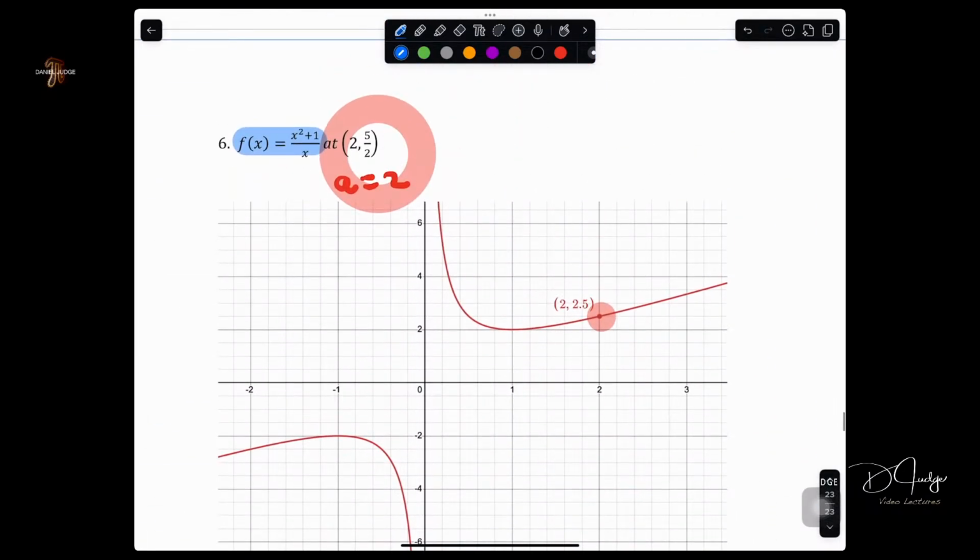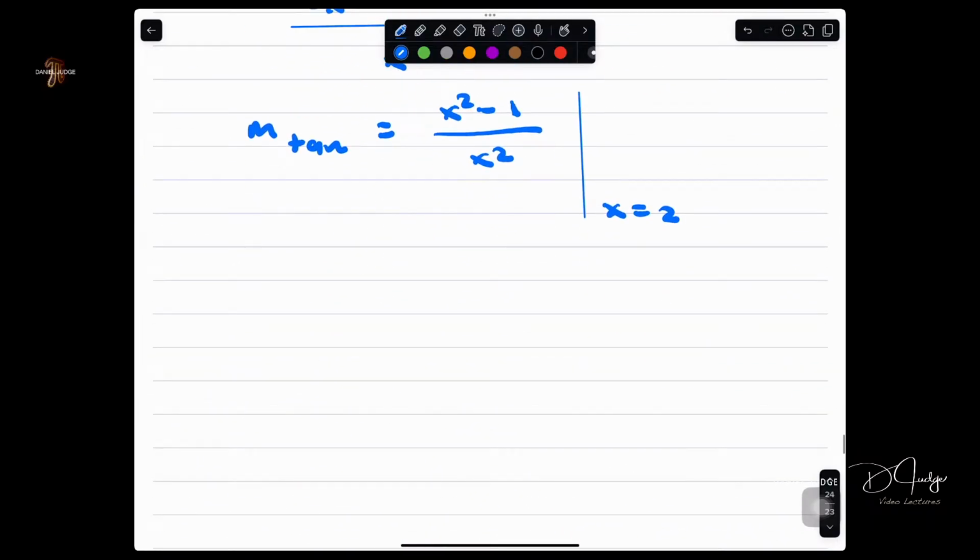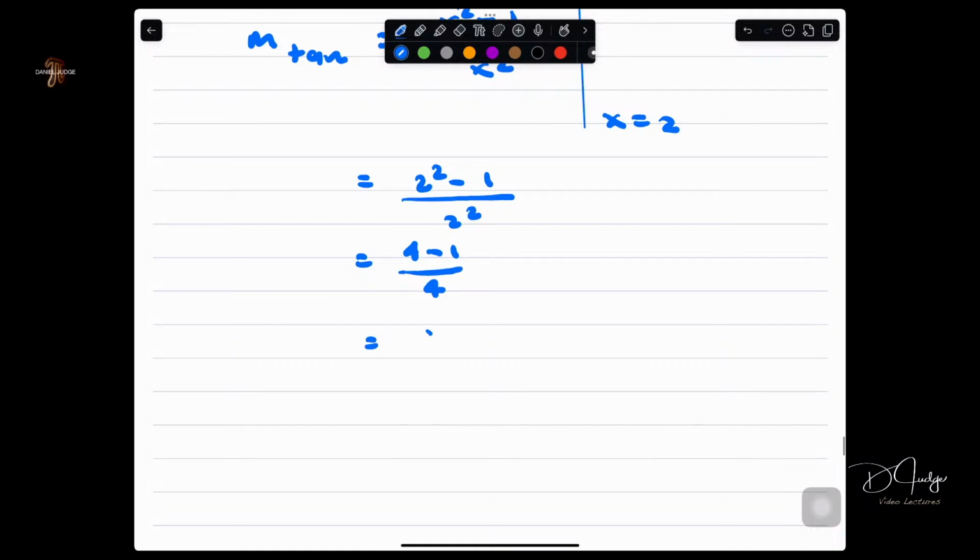They're saying a is 2. So we're going to get m tangent by taking 2 squared minus 1 over 2 squared, which will be 4 minus 1 over 4, which is 3/4. So m tangent is 3/4 here.